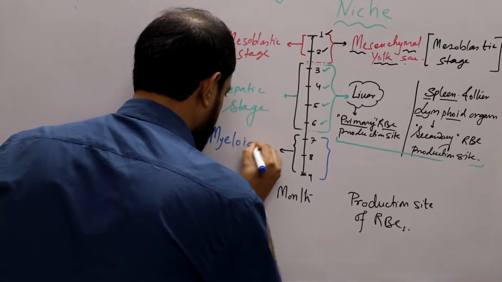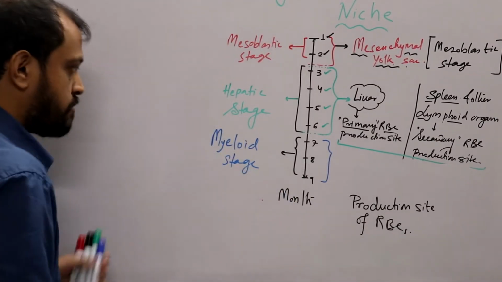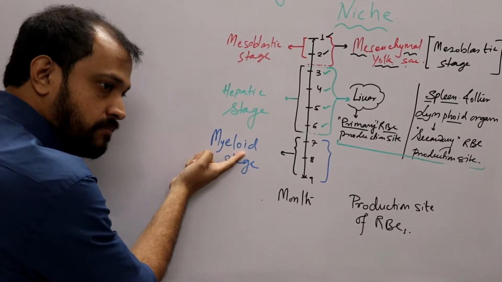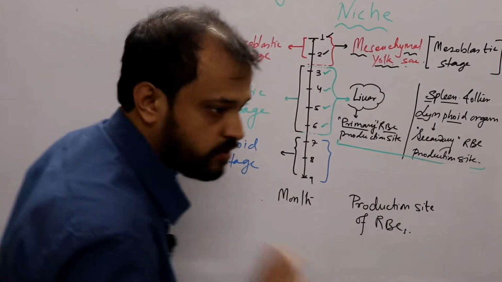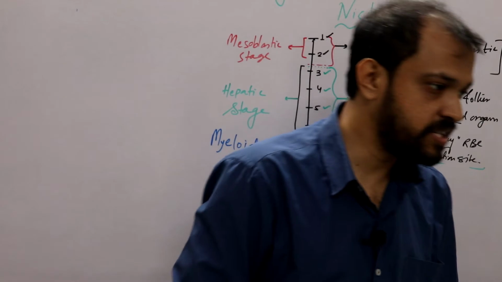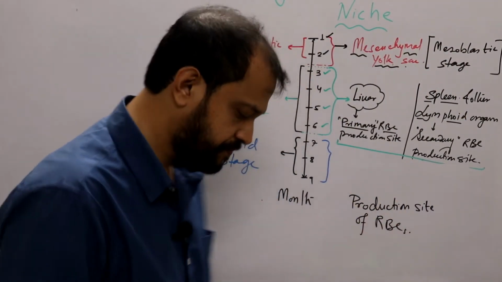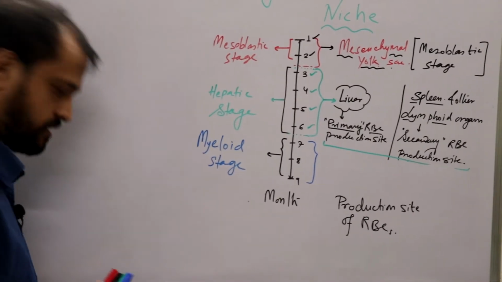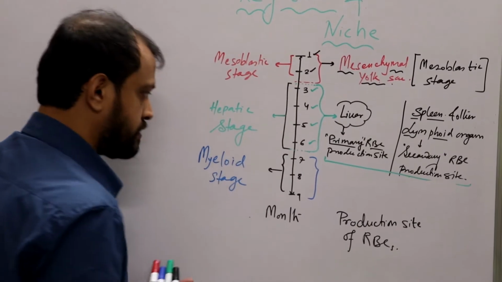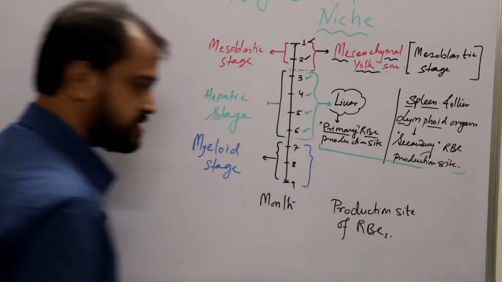Whenever I am talking about this single term myeloid, that means I am talking about bone marrow. Myeloid actually means bone marrow. That means myeloma means bone marrow cancer. We have discussed this in the monoclonal antibody class, right? Now listen. The myeloid stage occurs from 7 to 9 months, that is the last 3 months.